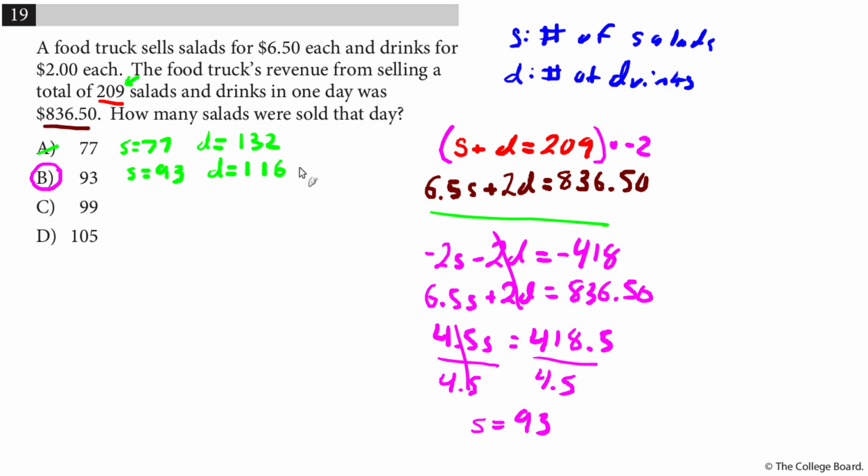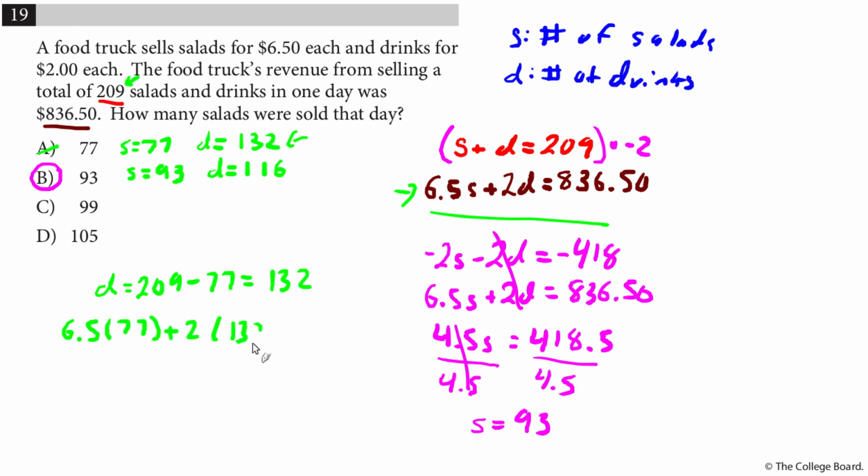And when I put this in, you'll see it works. So I can use the easier equation and these possible S values. If I tried this one, I got D by doing 209 minus 77, which gave me 132. And then I can check if it works here by seeing 6.5 times 77 plus 2 times 132.